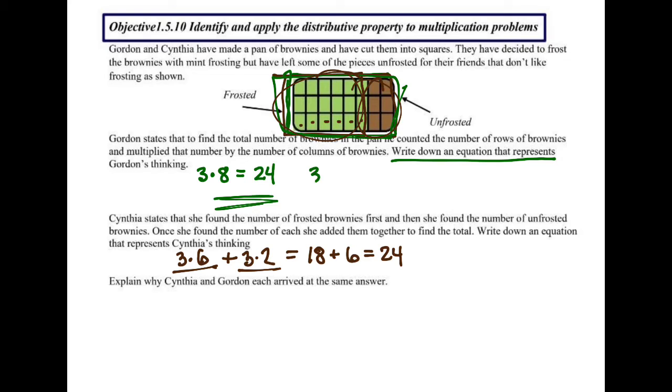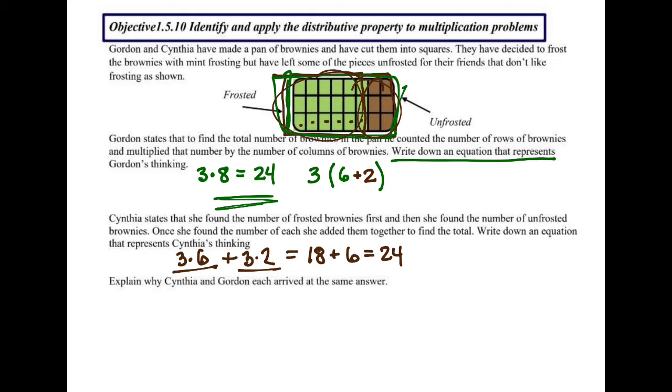Okay, so he has 3 rows, but his columns, he has 6 frosted columns and 2 unfrosted columns, right? So this part here in the middle, 6 plus 2, is his 8. So there's the 6 frosted and the 2 unfrosted right here.